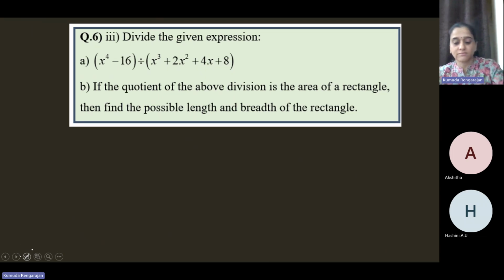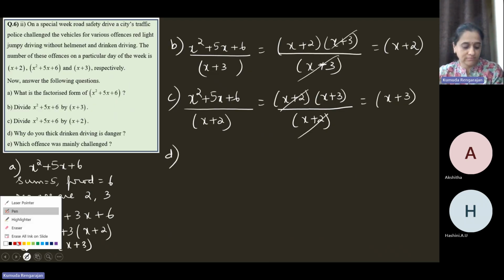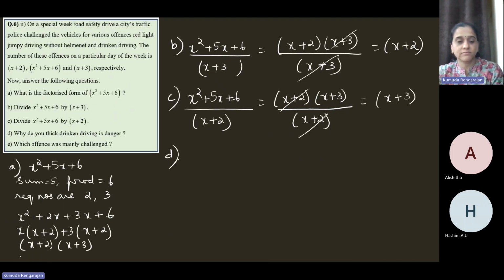We are asking why we should not do it, which offense was mainly challenged.